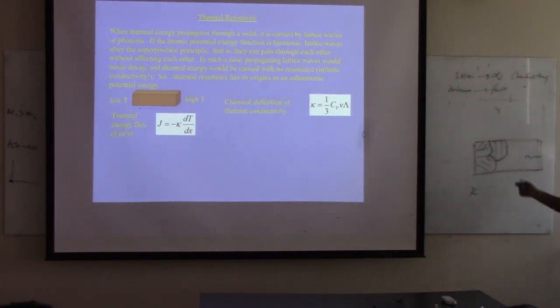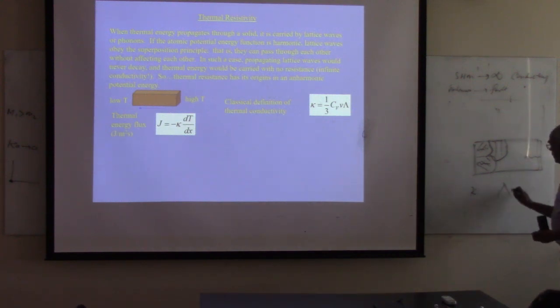So grain boundaries are very important places they can get scattered. Or if you have some phonon, it can get scattered from another phonon. Remember we talked about 2 phonons colliding, right? So they can get scattered from other phonons. They call it the phonon-phonon interaction. So that makes your gamma finite, right? What does the mean free path mean?